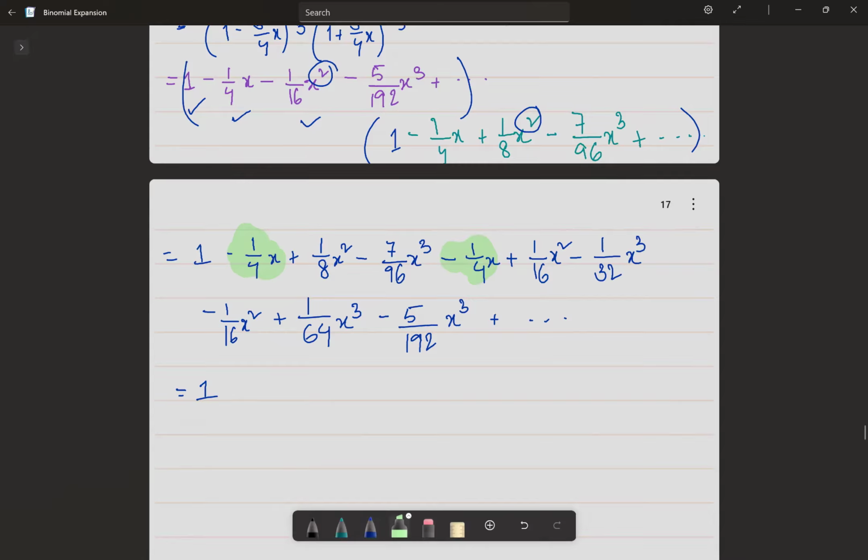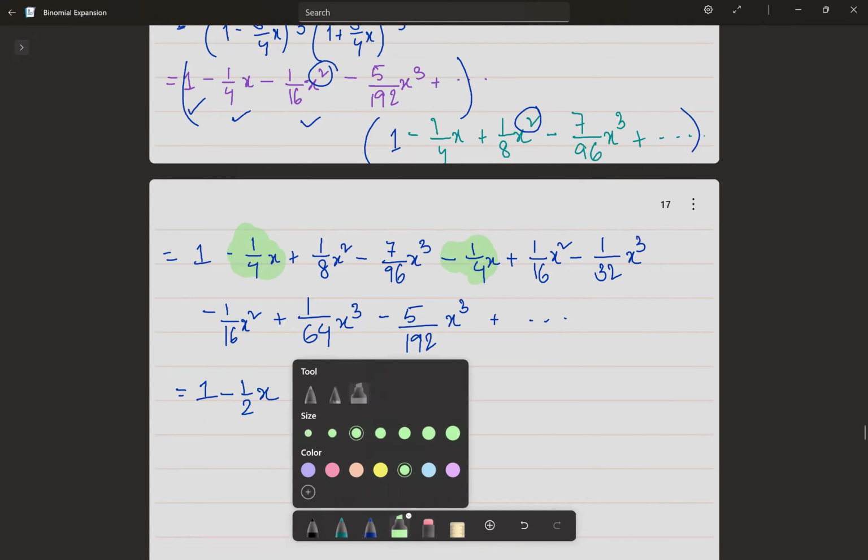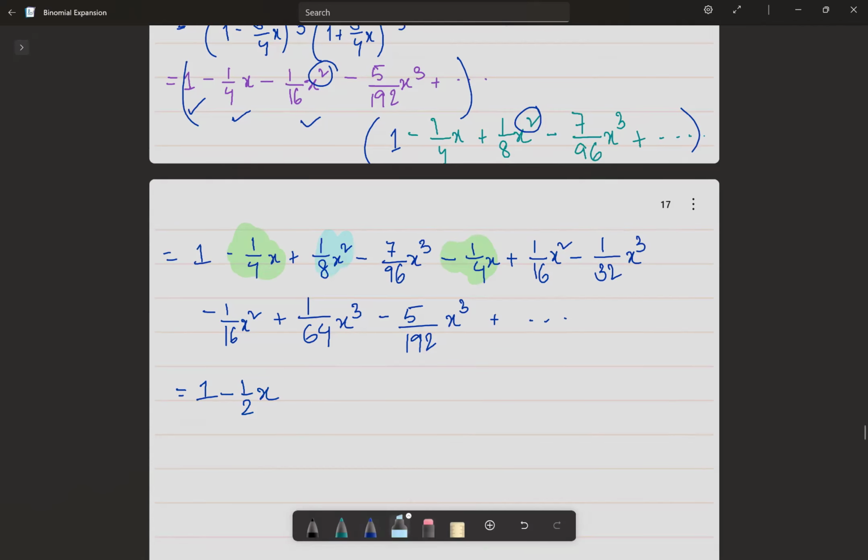This is going to give us minus half x. Then we have the terms in x squared, which is 1 by 8x squared. Then we have 1 by 16x squared. And lastly, minus 1 by 16x squared. So after adding and subtracting, we get plus 1 by 8x squared.